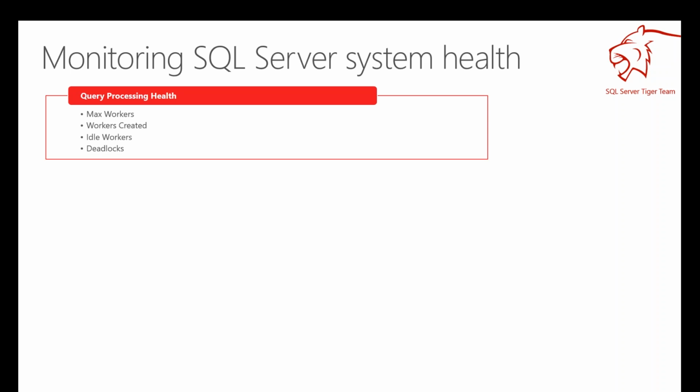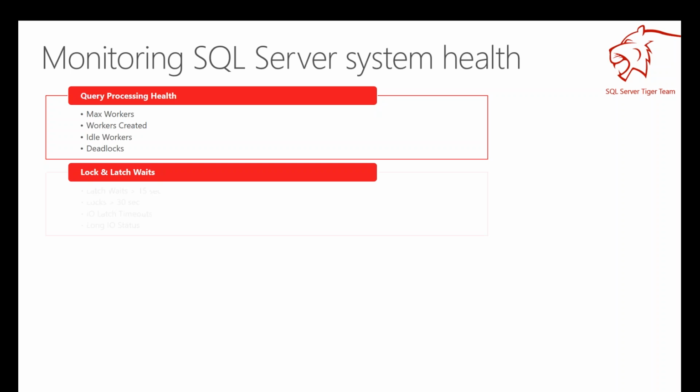One of the key things is query processing health, which tells me how many worker threads are getting created, how many idle workers there are, and what the max worker threads is in your environment. If there are any deadlocks in your environment, they are also reported and captured in the system health session.